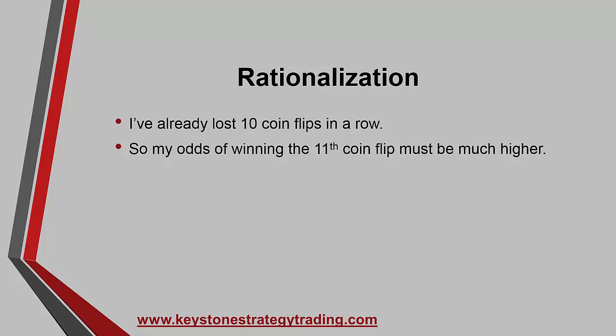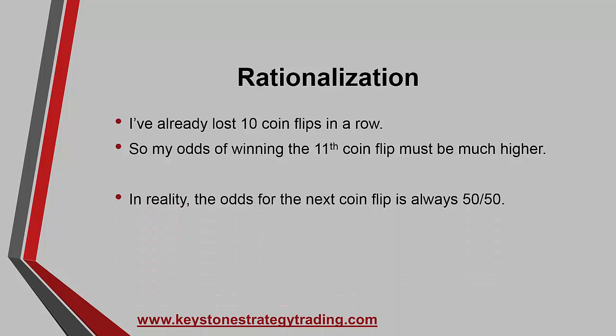You've lost 10 in a row, you know that your odds are 50-50, so the 11th one must be a much higher percent chance of you winning. Well, that's rationalization starting to creep in. In reality, your next coin flip is really 50-50. It's always going to be 50-50. So this is just a quick example of how rationalization can creep into a thought process when optimizing and designing a strategy.